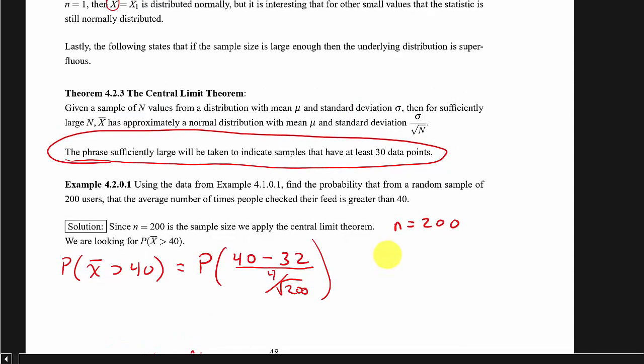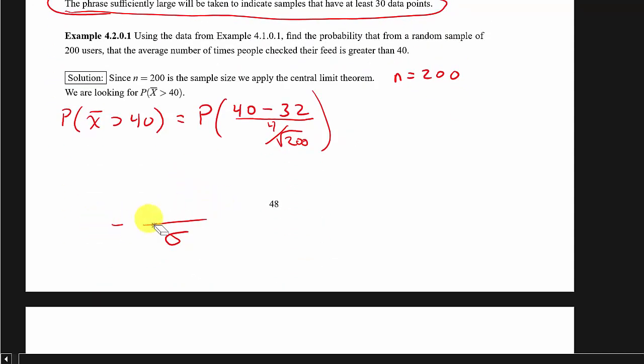But remember up here, for the central limit theorem the standard deviation is sigma over square root of n. And notice in this problem, they don't tell us it's a normal distribution either. So now we've got to look this up.